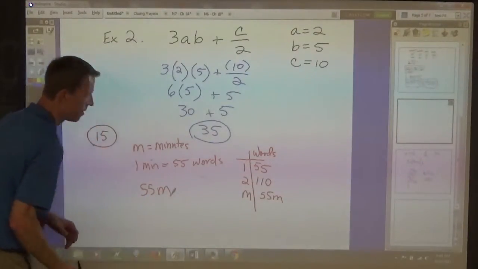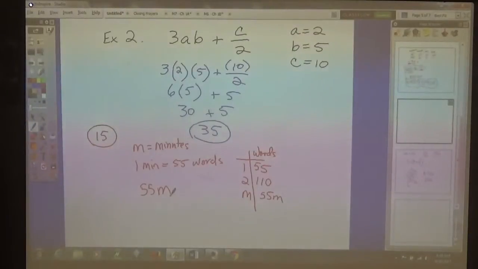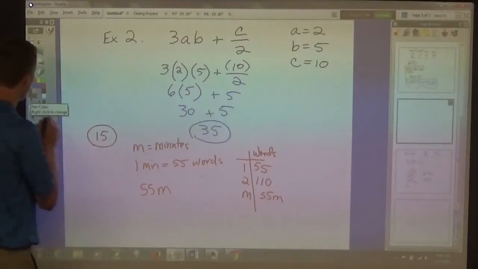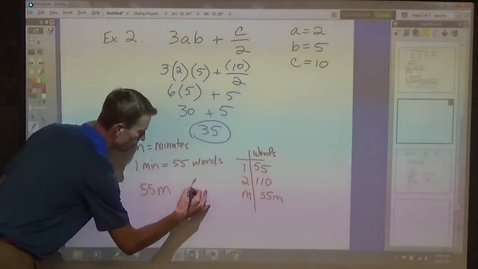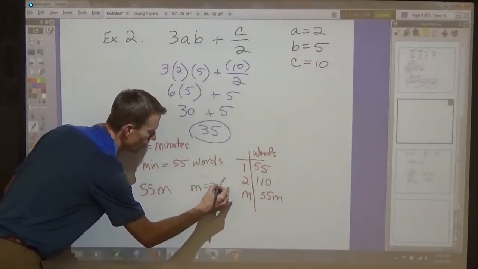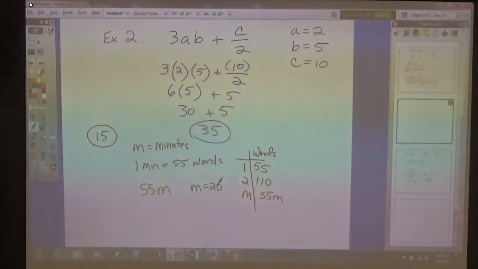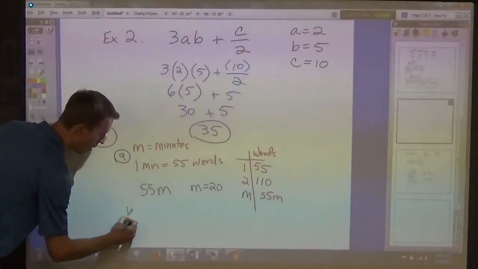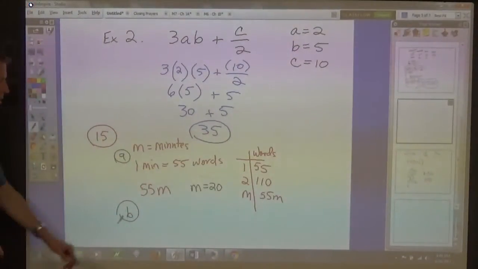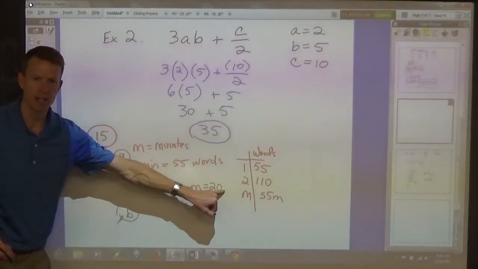55m. And then it says to evaluate it for 20 minutes. So when m equals 20, how many words would you get? So this is part A of the question. Part B says evaluate it for 20 minutes. M equals 20.